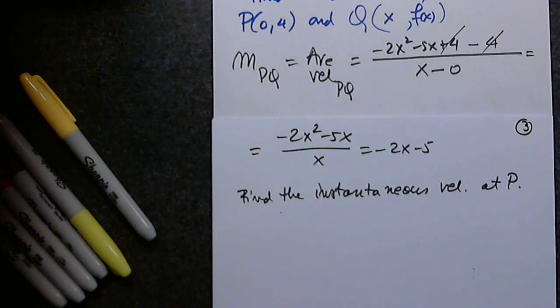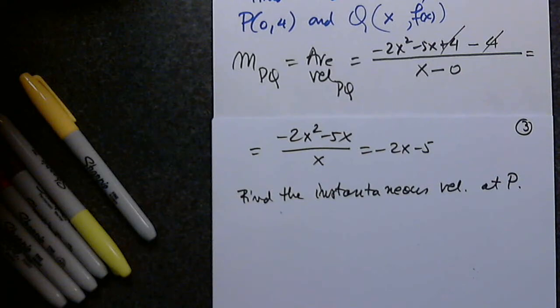So then what will be the answer now, you think? What will be the instantaneous velocity at P? Throw a number at me. What do you know about P? You cannot just pick a number. 0, comma 4. Good. So what would you put in that expression then?